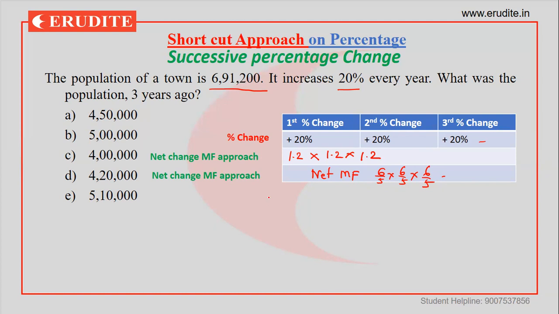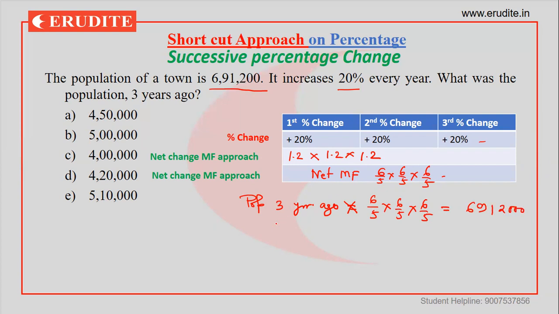I know the initial value, which is our requirement, that means the population 3 years ago. The value 3 years ago multiplied by this multiplication factor, 6 by 5 into 6 by 5 into 6 by 5, will be equal to the final value, which is 691,200.